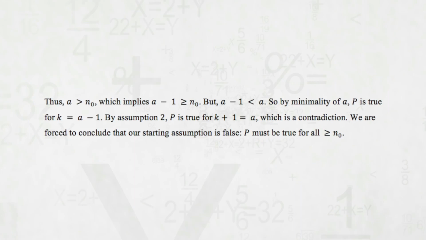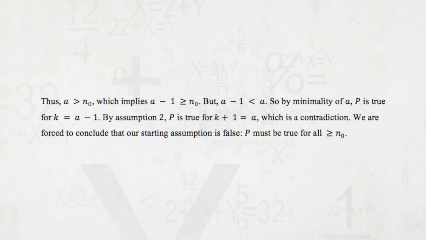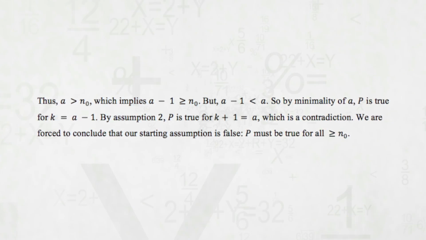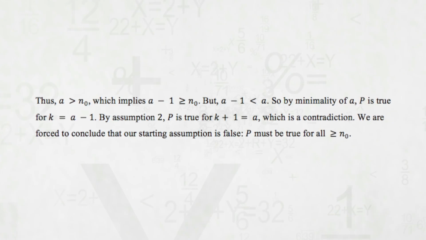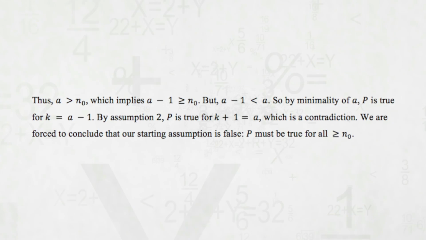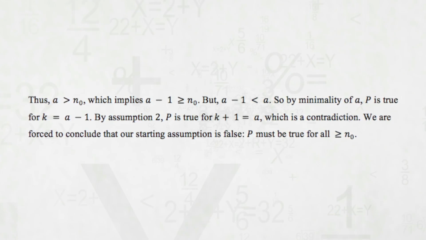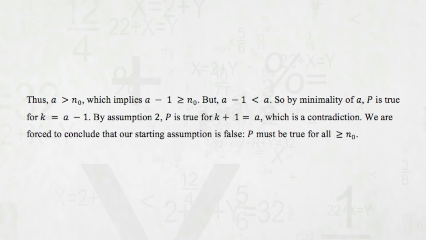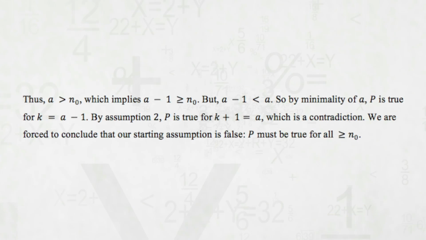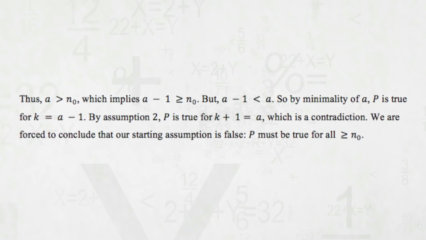Thus, A is greater than n naught, which implies A minus 1 is greater than or equal to n naught. But A minus 1 is less than A. So, by minimality of A, P is true for k equal to A minus 1. By assumption 2, P is true for k plus 1 equal to A, which is a contradiction. We are forced to conclude that our starting assumption is false. P must be true for all integers greater than or equal to n naught.